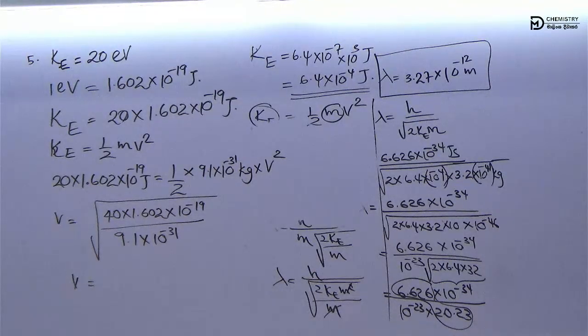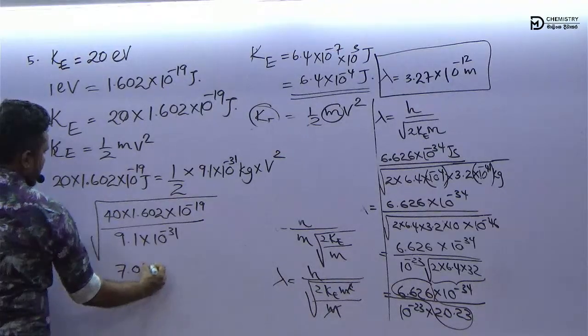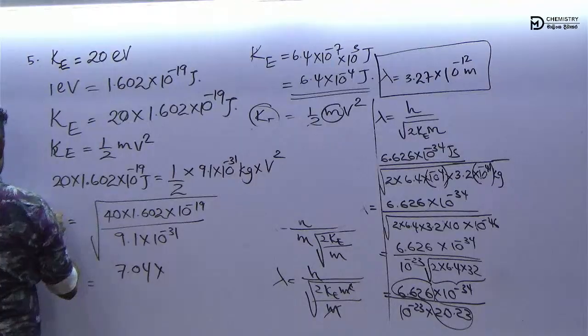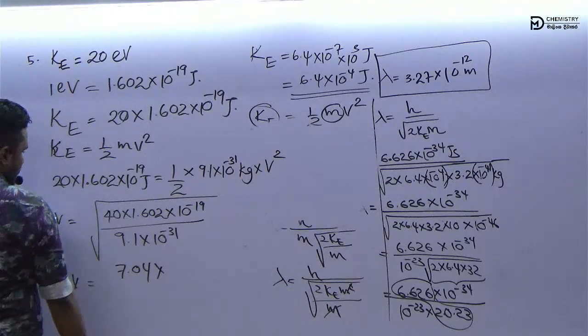My answer for this one is 40 into 1.602 divided by 9.1. 7.04 is there, into 10 to the power, a positive value is there.